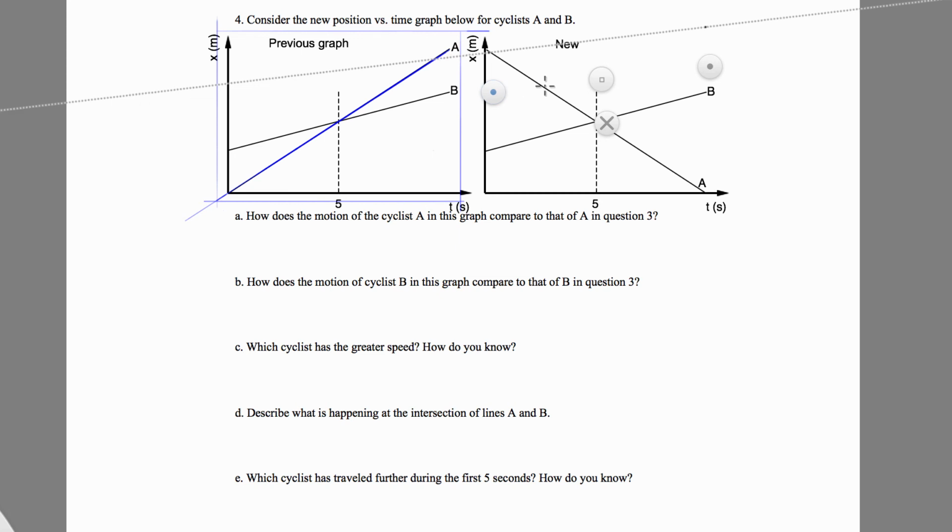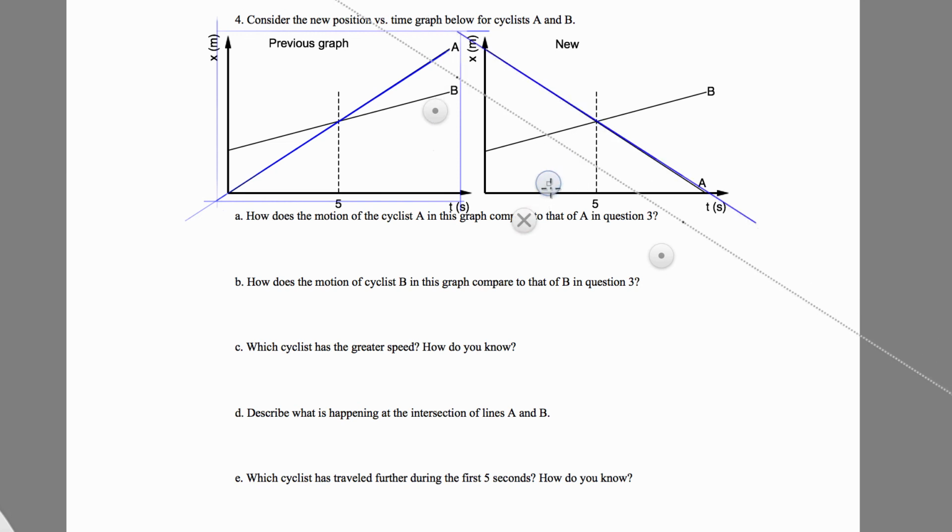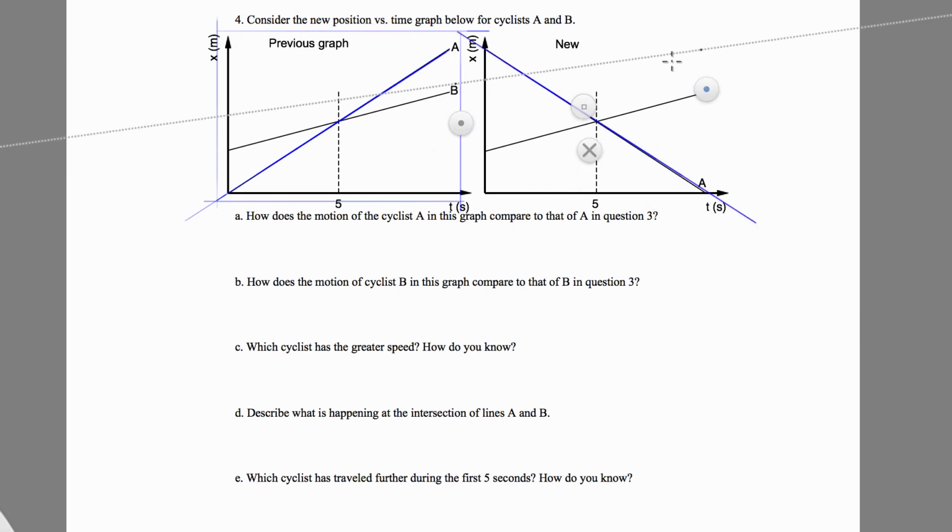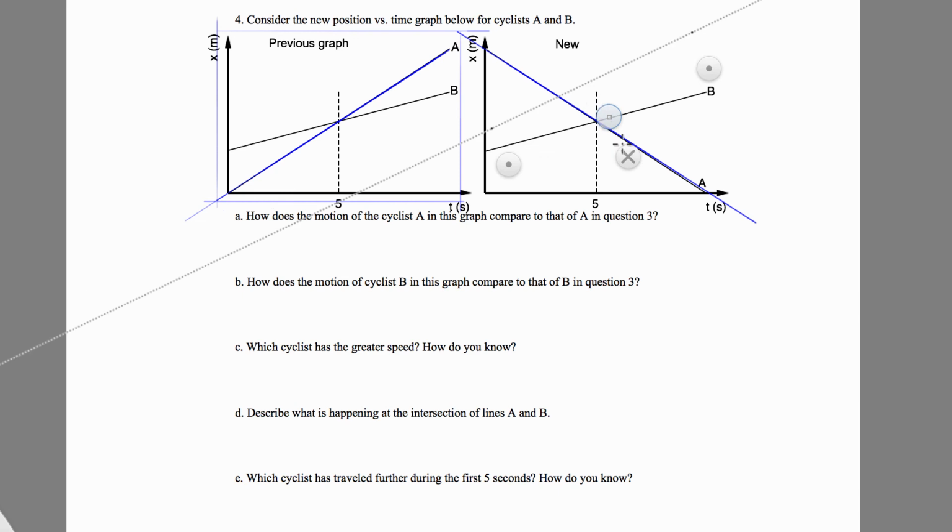One danger of not coloring them is I could think that one of them bounced off the other one, and that's just silly. It's supposed to be a very orderly bike race, not one where A bounces off of B. But I am making that assumption. But we have to make assumptions in physics.